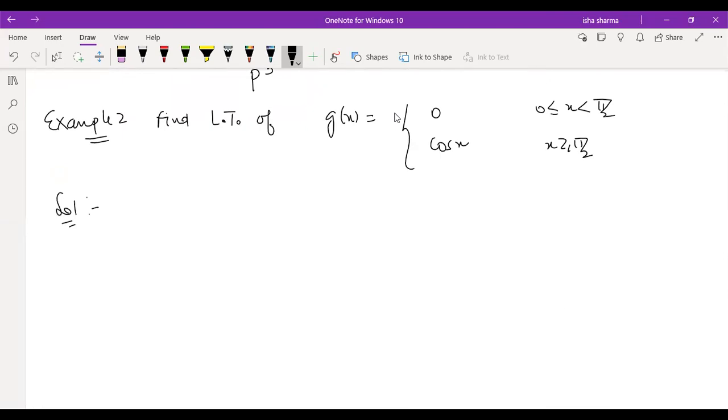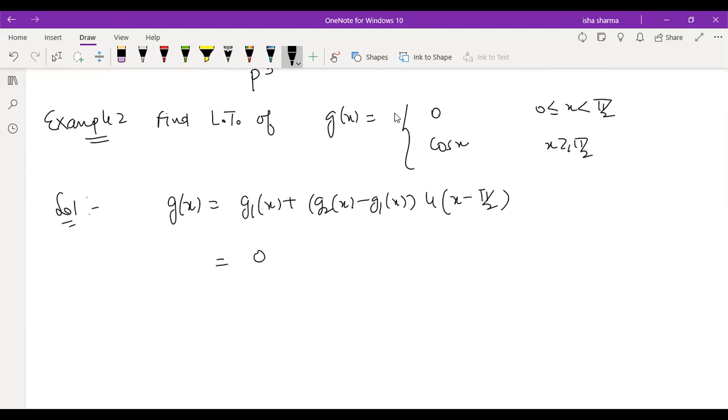So for that I need to first write it in this form: g(x) is g1(x) plus (g2(x) minus g1(x)) into u(x minus a). What is a here? Pi by 2, because that is the point of discontinuity.